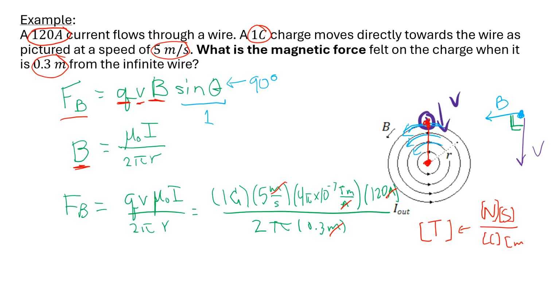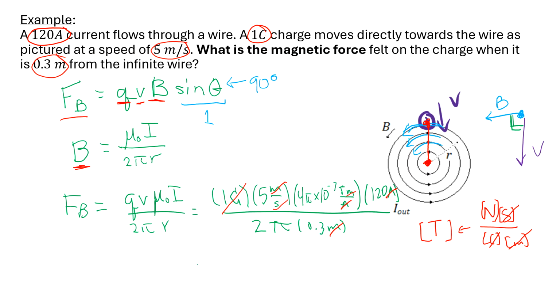And well, this meter cancels that meter. This second cancels that second. And then the coulombs cancel that coulomb. And we're left with just newtons, which is what we want to get for that force on the left.